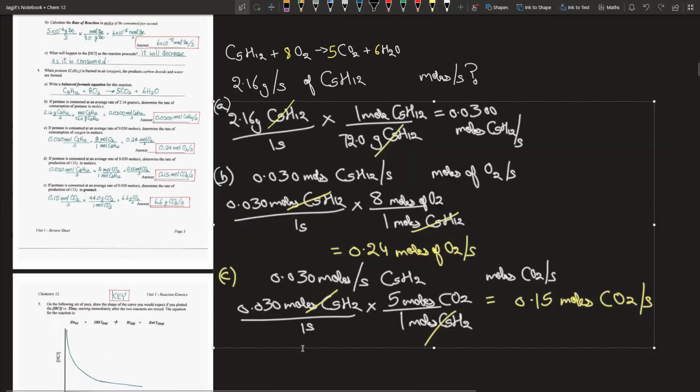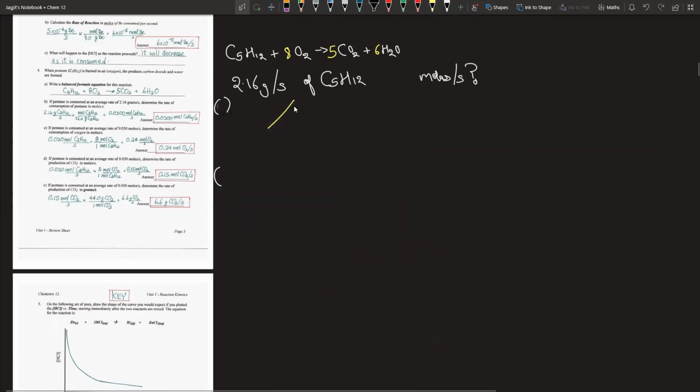Okay, now let's have a look at the next part. In the next part, they have given you the reaction rate in terms of 0.030, again, moles of C5H12.